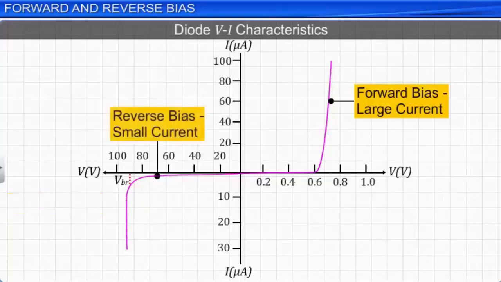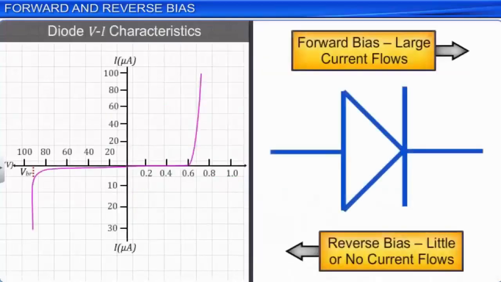Thus, a diode is a device that allows free flow of electric current, or we say conducts, in only one direction when it is in forward bias. It allows little or no current to flow, or we say does not conduct, in the opposite direction when it is in reverse bias.